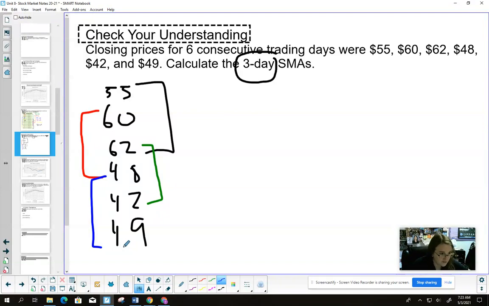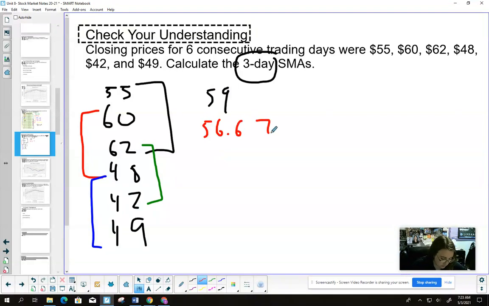Okay, so my first one should have been 55 plus 60 plus 62 divided by 3. First average should have been 59. I've got 60 plus 62 plus 48 divided by 3. Next average should have been 56.67.